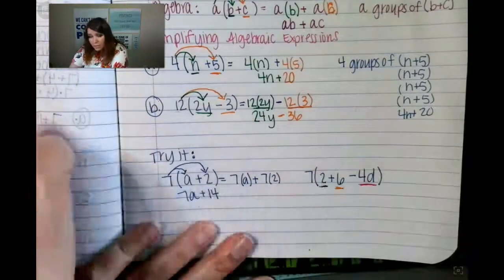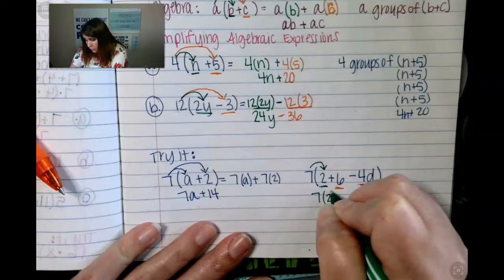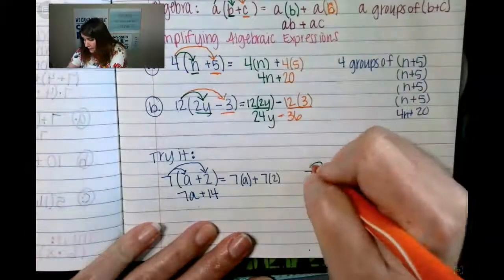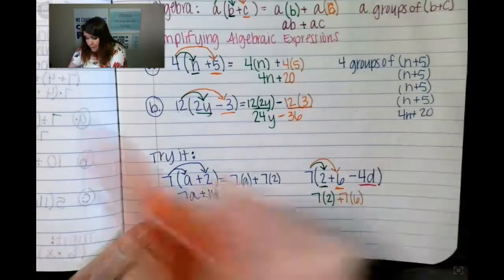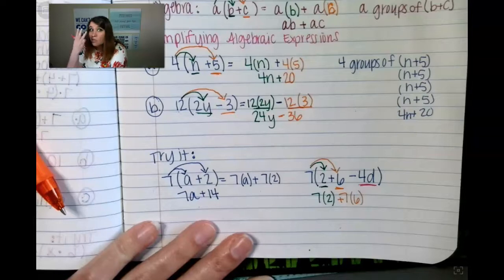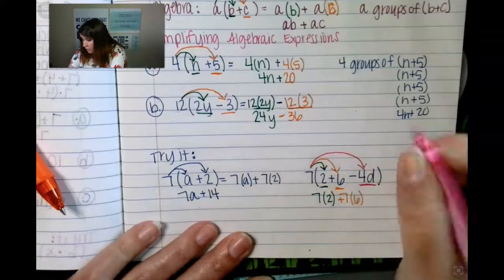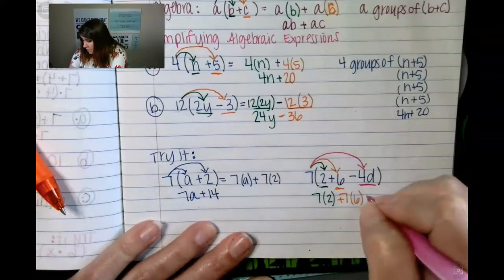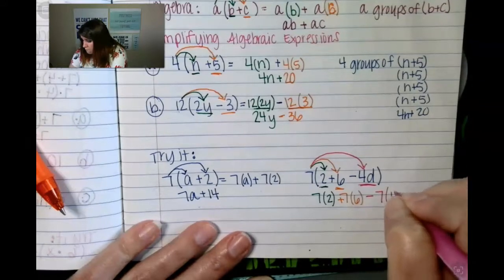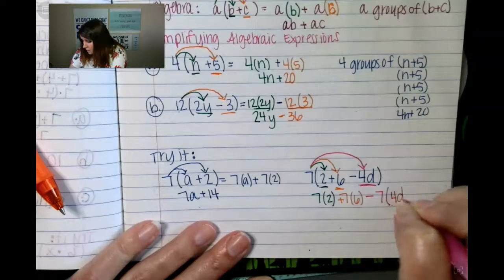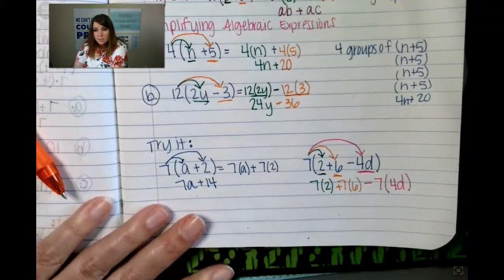So we're not only going to have one arrow of 7 times 2, you're not only going to have 2 arrows of 7 times 6, you are now going to have 3 arrows. Yep, that's right. You had to share 3 times. So we subtract and we do 7 times 4d. All right. From there, you should be able to simplify this down.